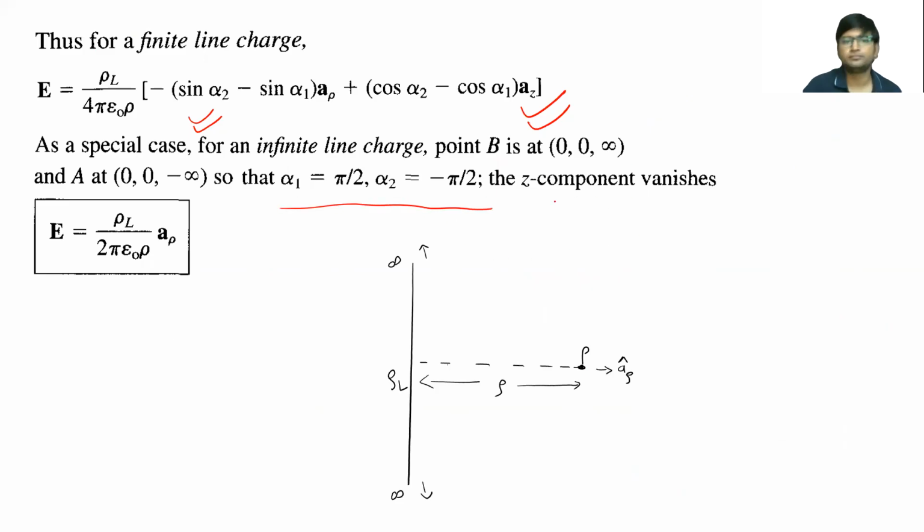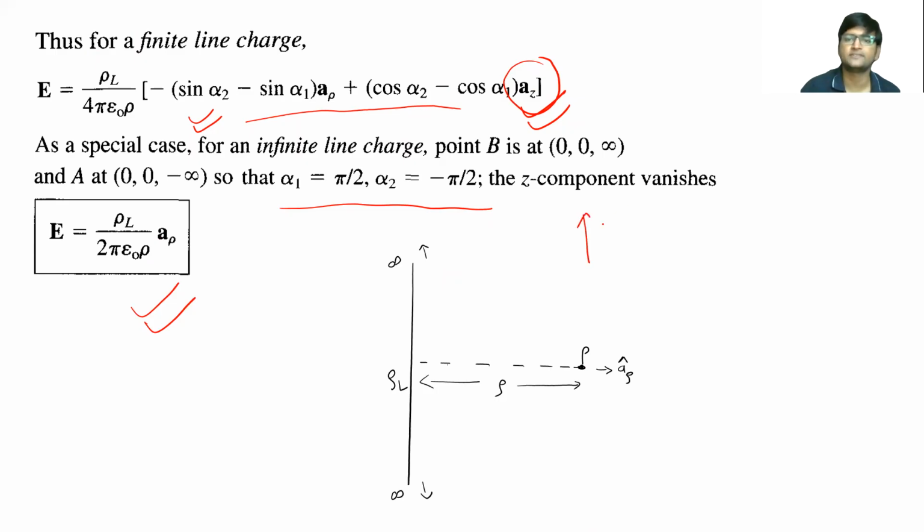And if you put these values in this equation of electric field, what will you get? You will get your electric field as rho l upon 2 pi epsilon rho, a rho. So one thing which is very important here: from this expression, there was an az component also, like the component of electric field in the z direction.